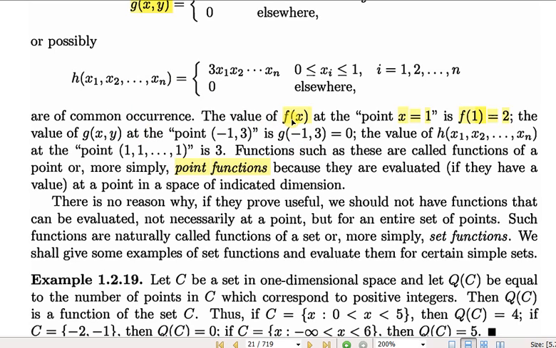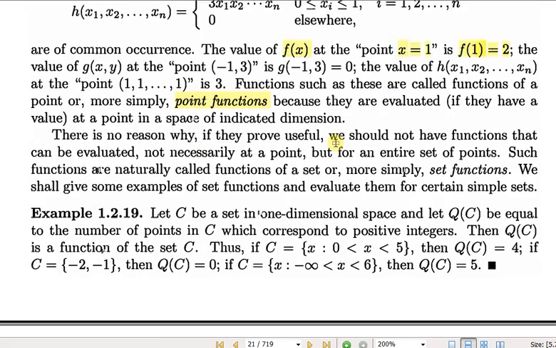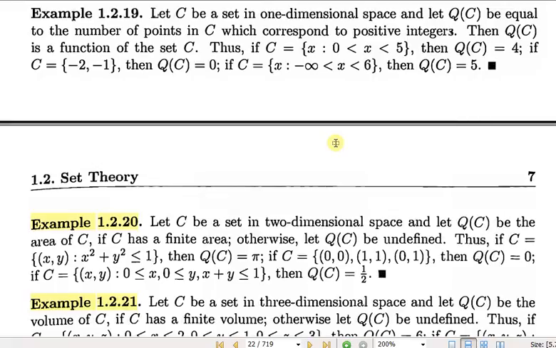The value of f(x) at the point x is 1, so f(1) equals 1, and the value of g(x, y) at the point minus 1 and 3, we have the g function is 0.